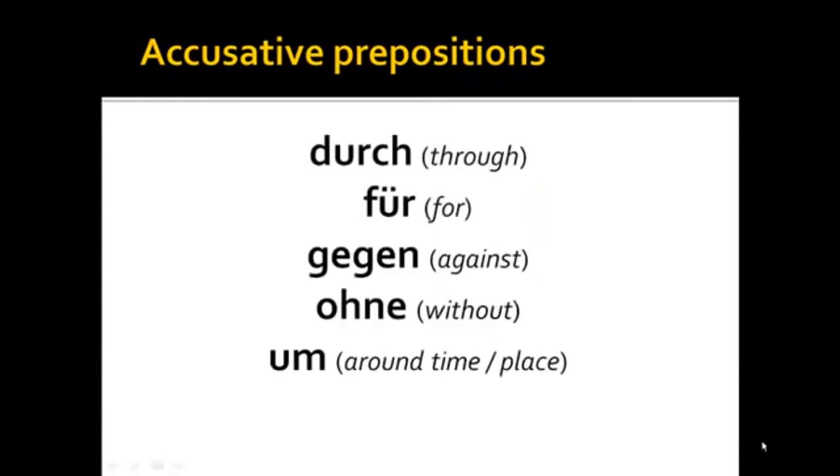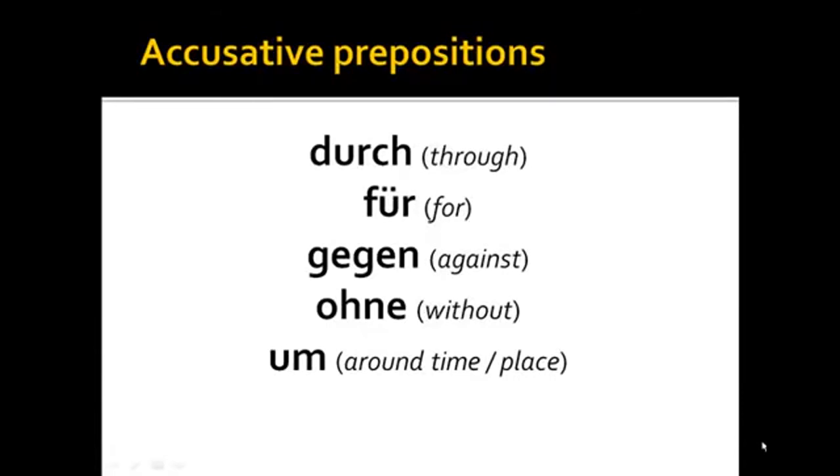So, the accusative prepositions are the ones you see on your screen. Durch, für, gegen, ohne. Durch means, of course, through. Für, for. Gegen, against. Ohne, without. And then the ones that we've seen before, um, around a time or a place. I'm coming around 6 o'clock.